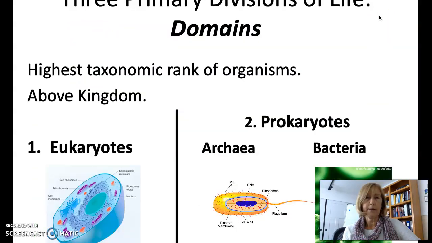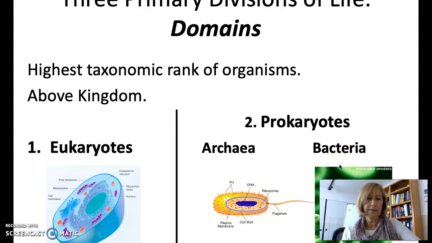So these domains then are three of them, and they are the eukaryotes. And then within the prokaryotes, there's two. It's not just one. There's two of them, and that is the archaea and the bacteria.